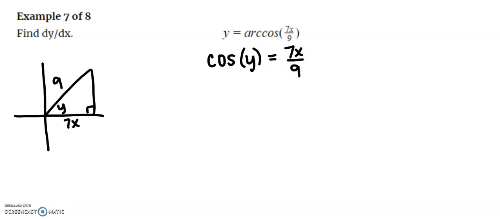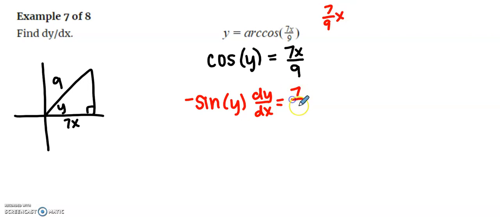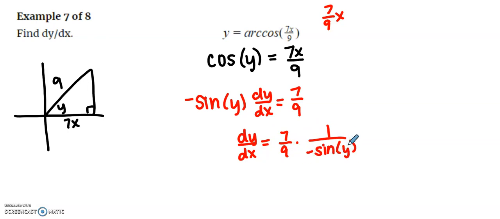So now when I take the derivative, I'm going to end up with negative sine of y dy dx equals 7x over 9, which is really 7/9 x, so its derivative is just 7/9. That means that dy dx is equal to 7/9 times 1 over negative sine of y.